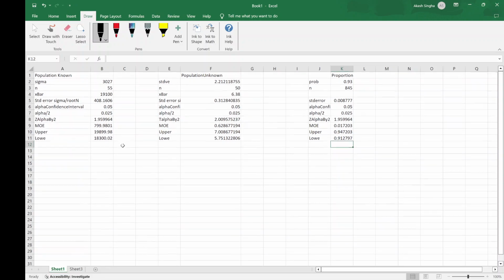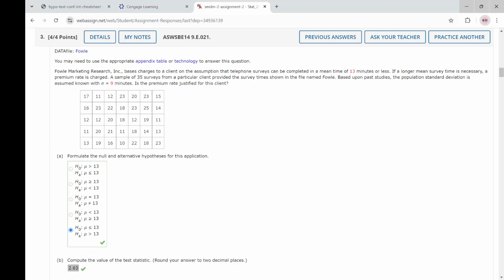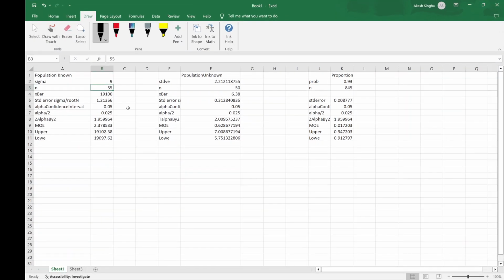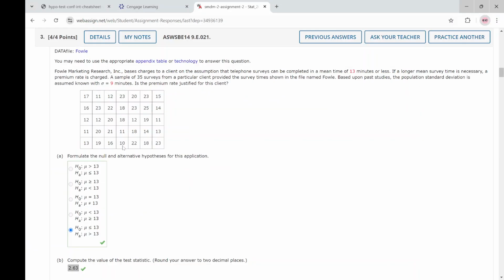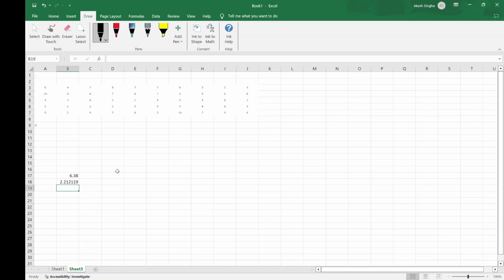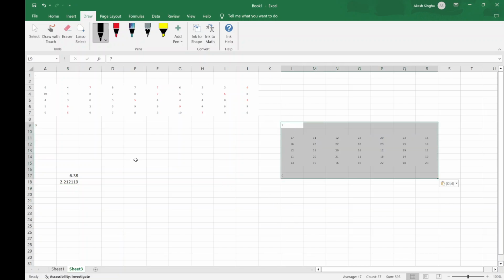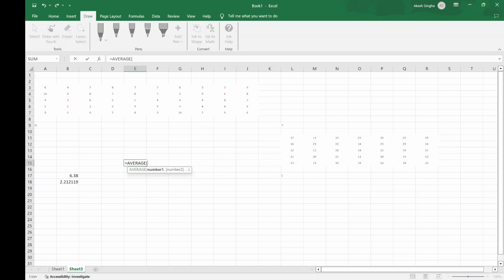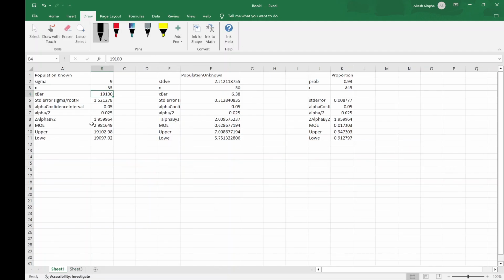Similarly, now first sigma is given, which is 9, 35 is n, x bar we have to calculate from the chart. The average of the whole thing, 17. So average is 17. Standard error is then calculated, alpha.